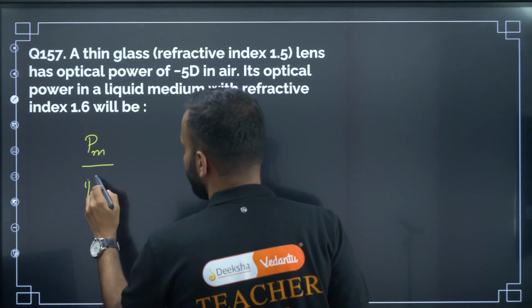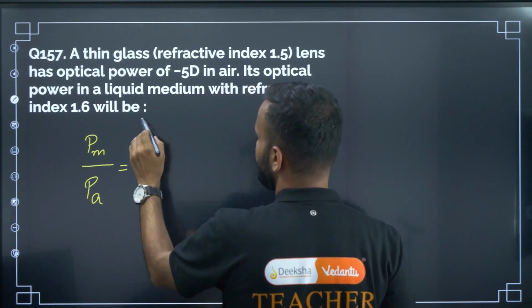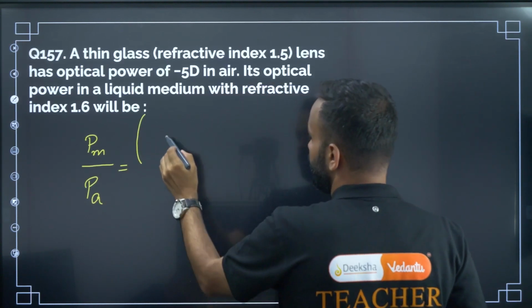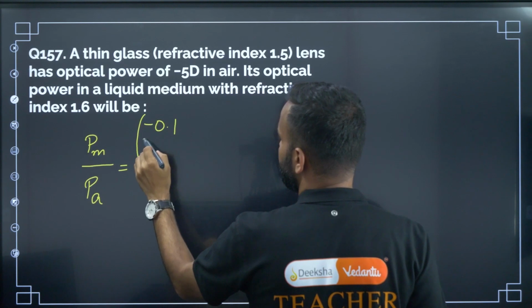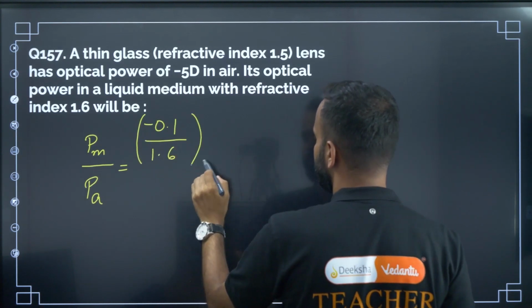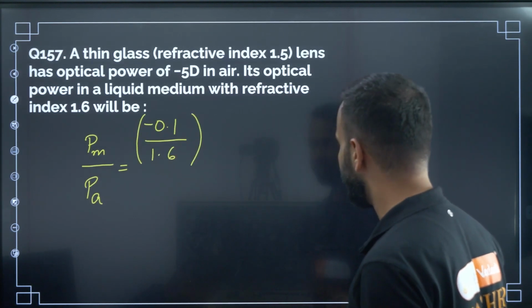Pm divided by Pa is equal to minus of 0.1 divided by 1.6, whole divided by 0.5.